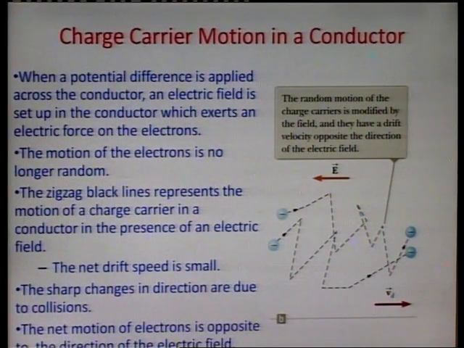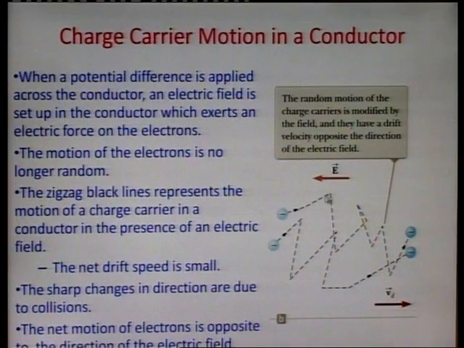Initially, the electrons were moving randomly, but on the application of potential difference, the motion of electrons is no longer random. If you see here in the diagram, the zigzag black lines represent the motion of a charge carrier in a conductor when electric field is applied.